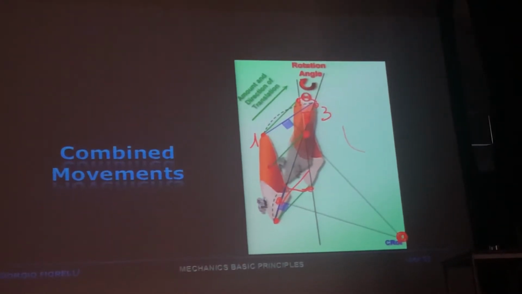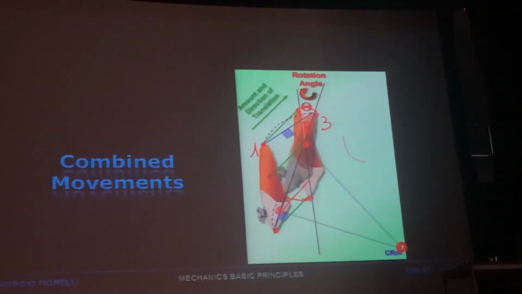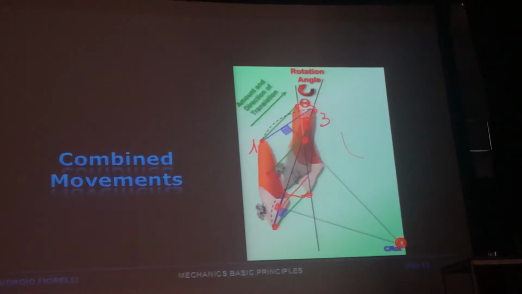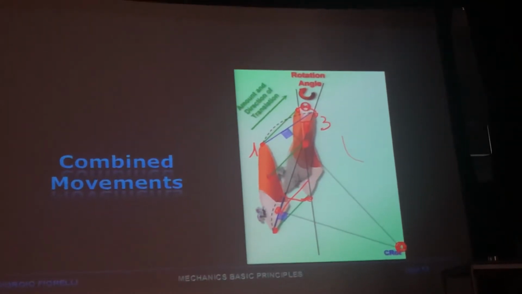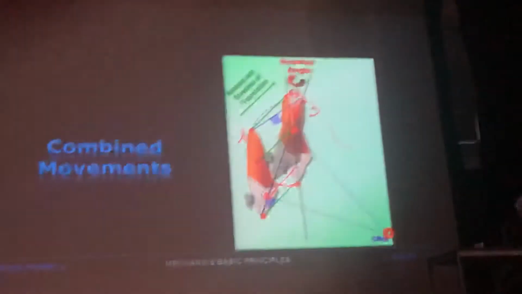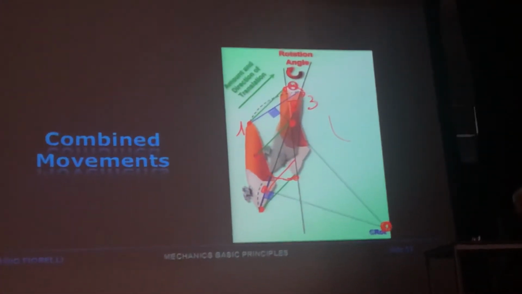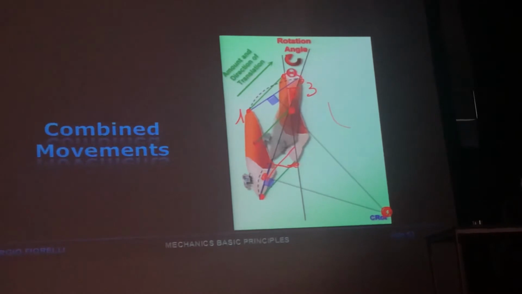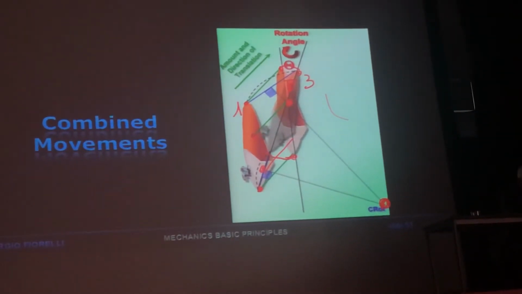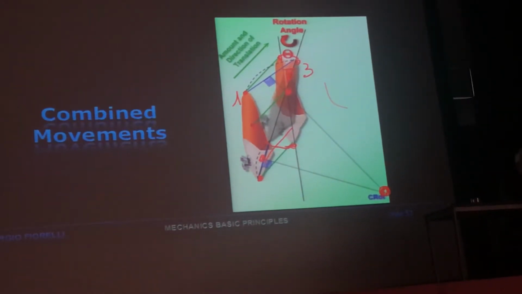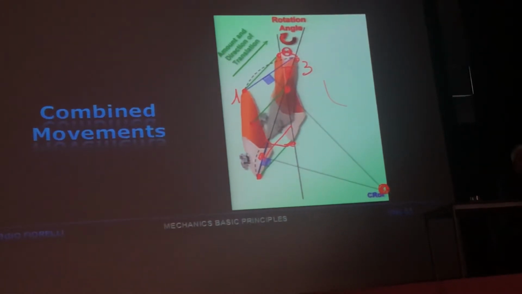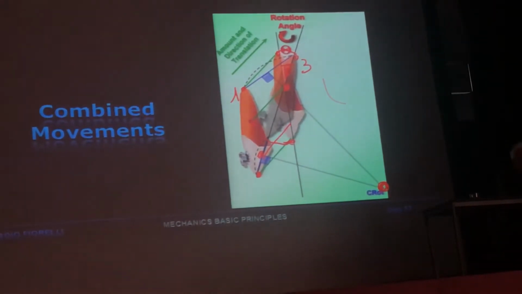The displacement is the representation of the initial and final position. So what we're looking at, we are trying to get the displacement that we need using the shortest possible path. So identifying the center of rotation.